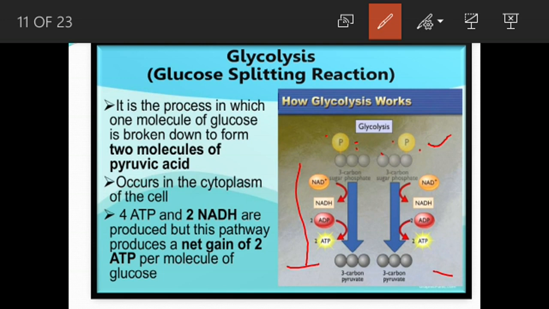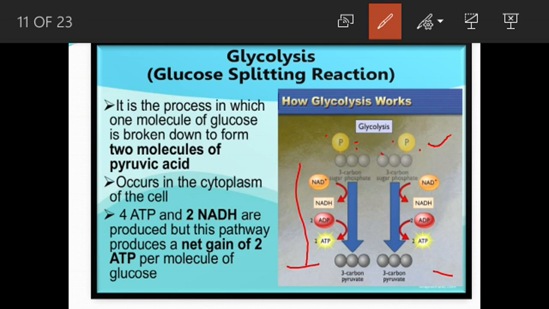Listen carefully. 1 molecule of glucose, which has 6 carbon atoms, gets converted into 2 molecules of pyruvic acid, which has 3 carbon atoms.